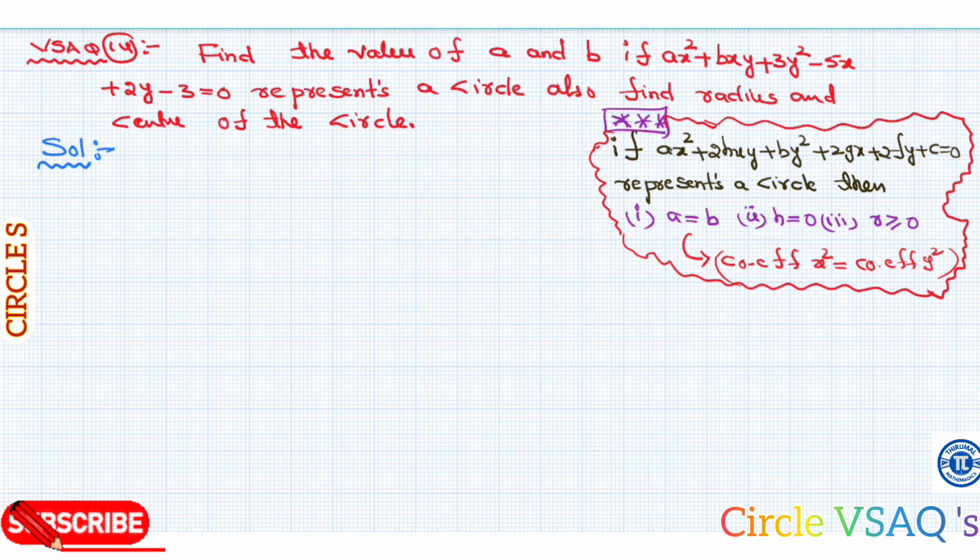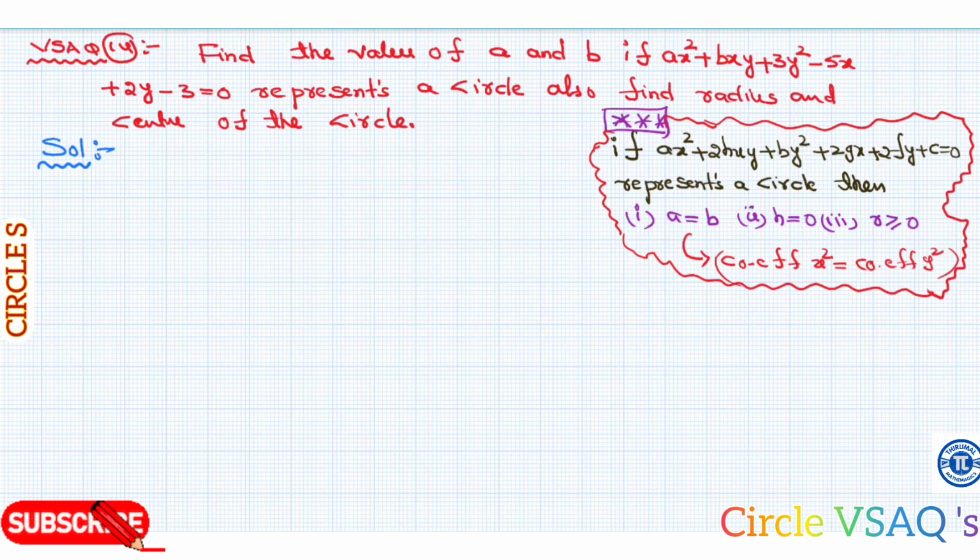Question number 14. Find the values of a and b if the given equation ax² + bxy + 3y² − 5x + 2y − 3 = 0 represents a circle. Also find the radius and center of the circle.